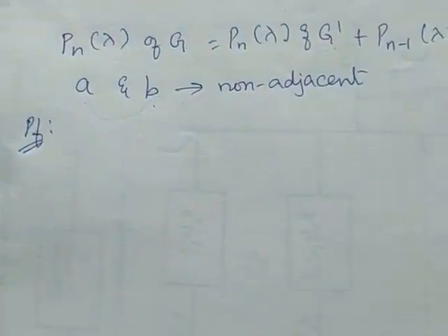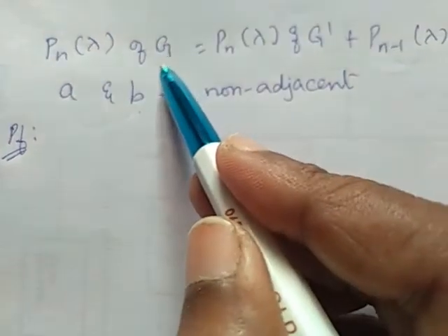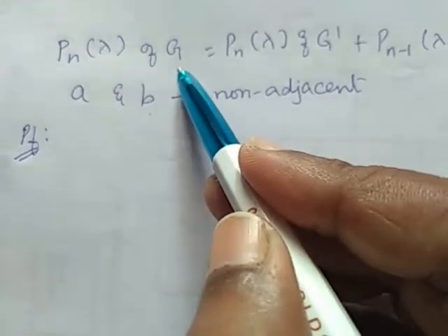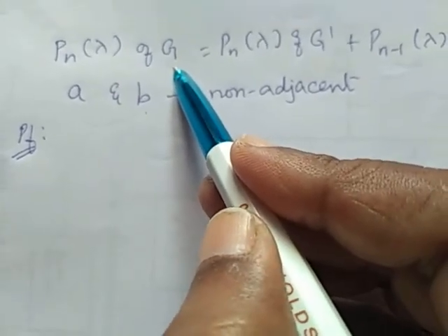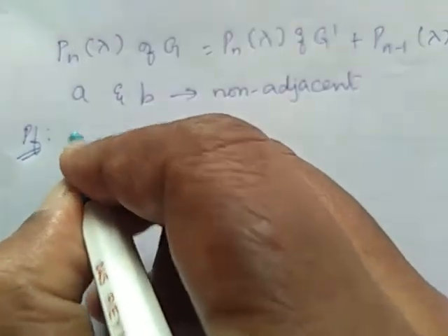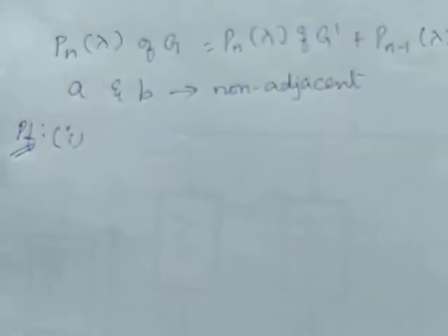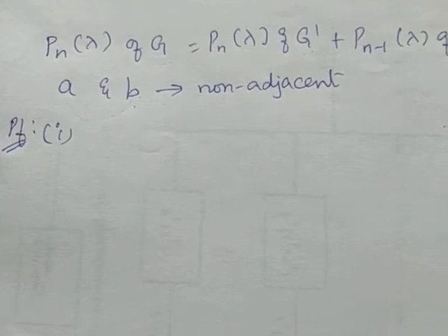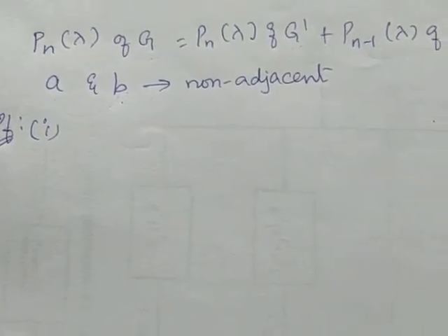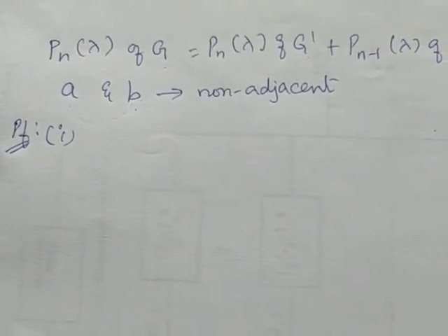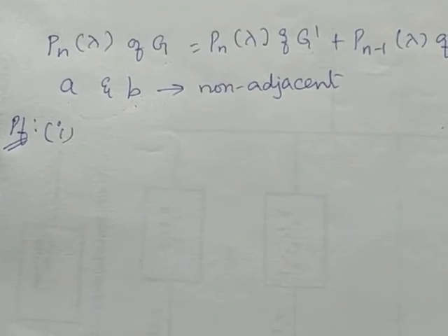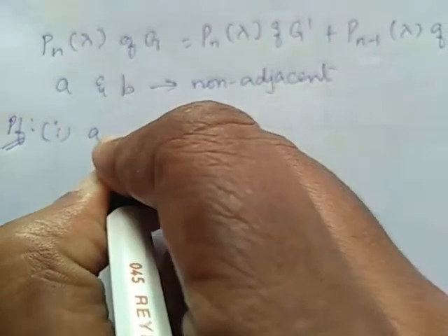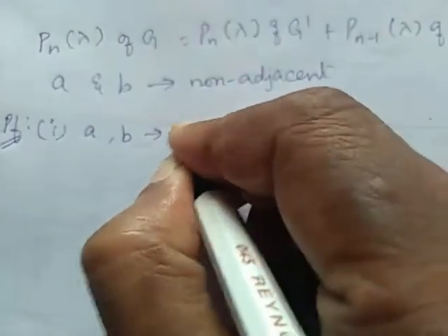Now we can color the graph in many number of ways. Correct? We can color a graph properly in many number of ways, and in that we are considering two cases. We are going to group the number of ways of coloring a graph properly in two categories. First one, by coloring A and B with the same color.